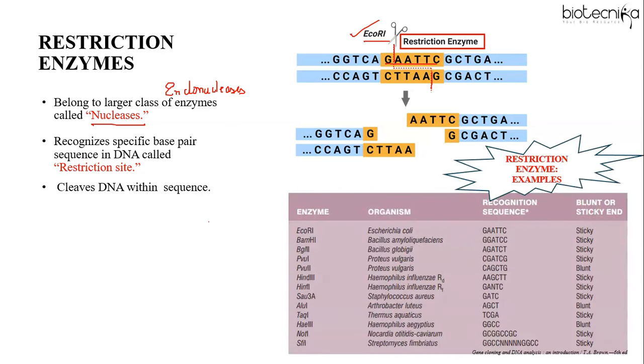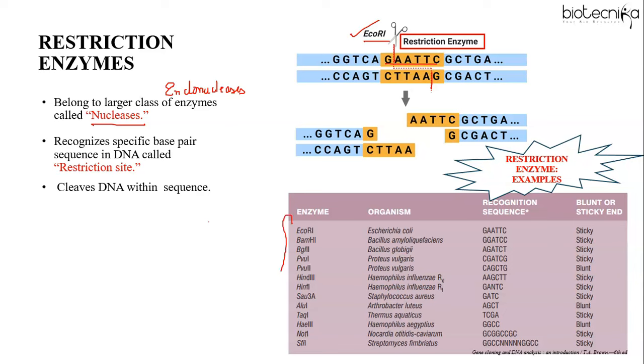Now different types of restriction enzymes are available, type 1, type 2, type 3, type 4. But mainly in recombinant DNA technology, we use type 2 restriction endonucleases. So basically restriction enzymes, as they are endonucleases, we can also call them restriction endonucleases.